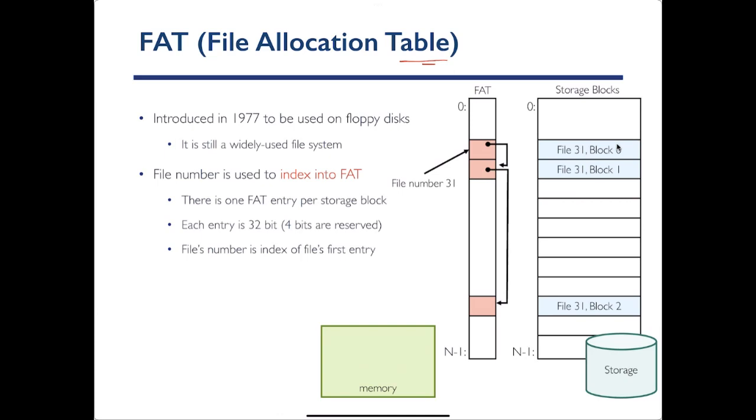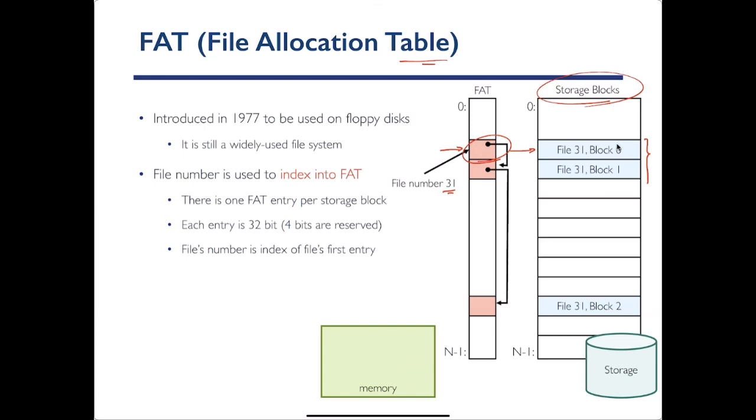That's pretty straightforward. So basically, this is your storage. You divide it into blocks, and for each block, we're going to have an entry in the FAT table. Now, when I get a file number, I look at the corresponding entry, and that gives me the first block of my file. Okay, I found my first block. What about the rest of the blocks?